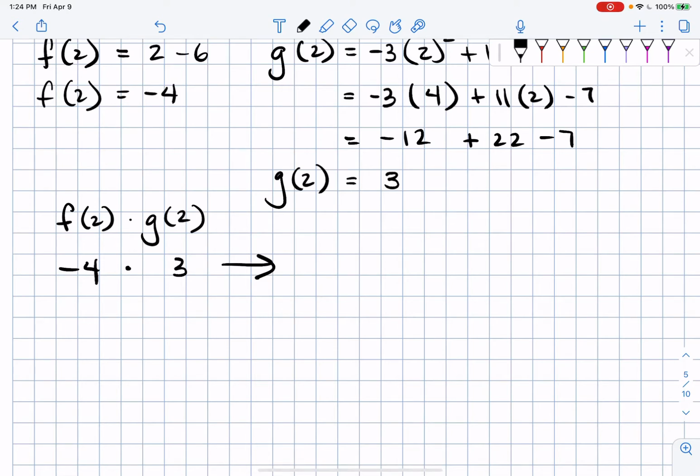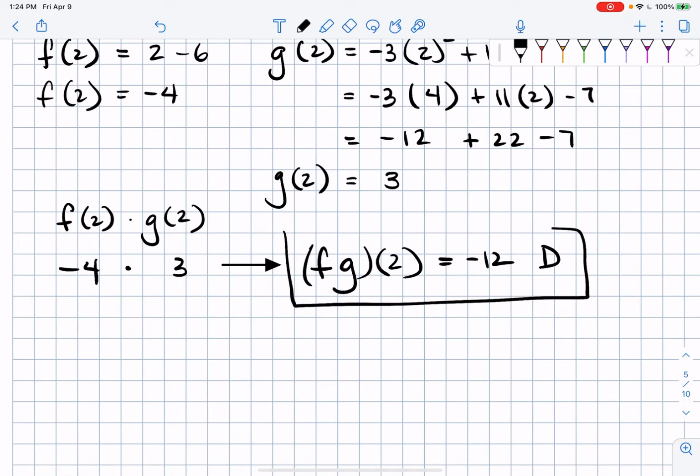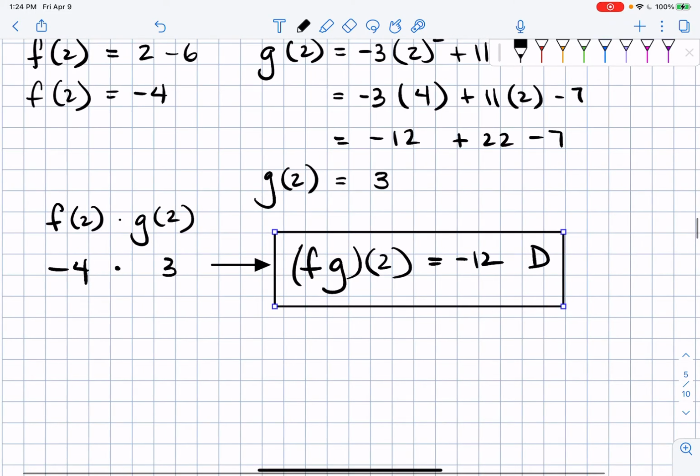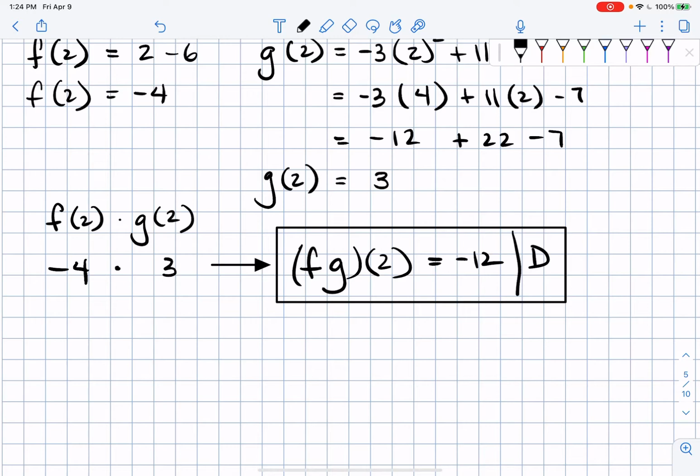So this tells me that fg of 2 is going to equal to negative 12, which is choice D. And there we go. All right.